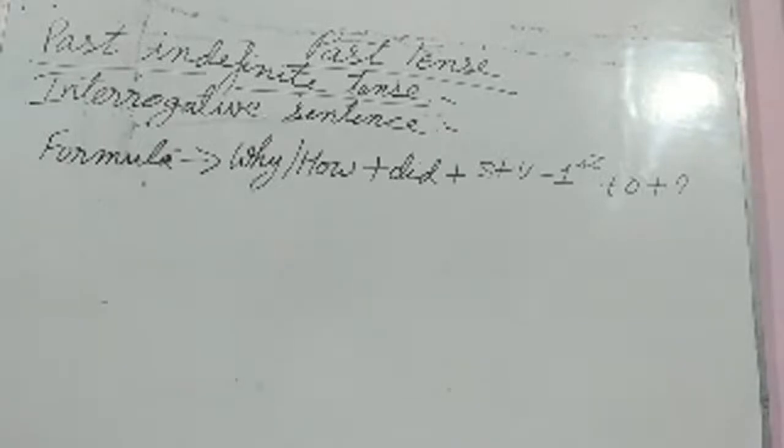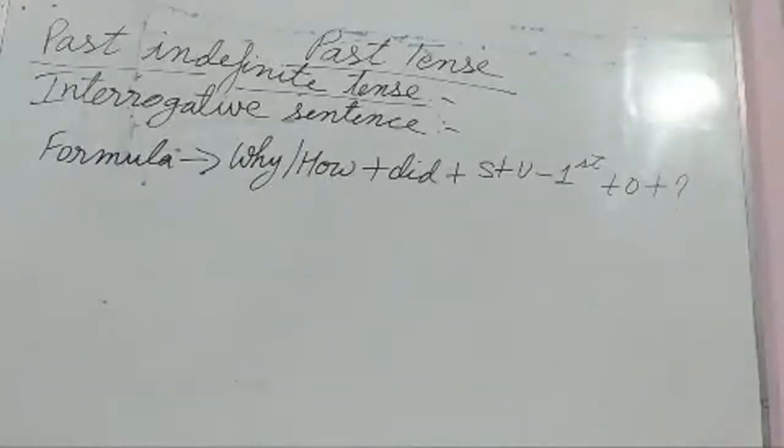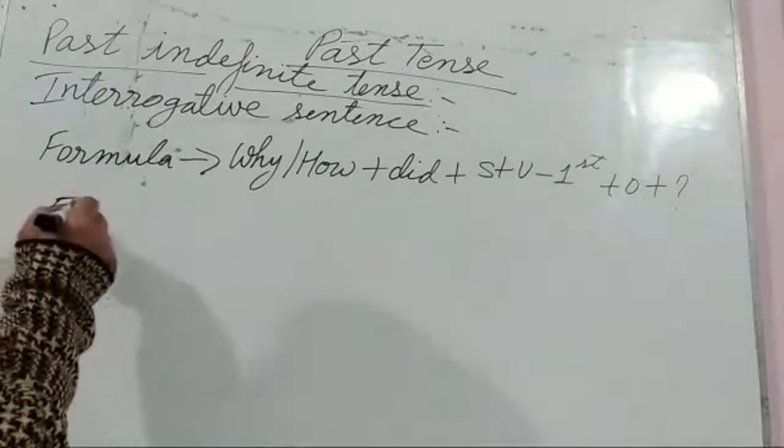So, the formula for interrogative sentence in past indefinite tense is why or how plus did plus subject plus verb of first form plus object and a question mark, as it is the interrogative sentence. Okay, now let's see the example related to it.